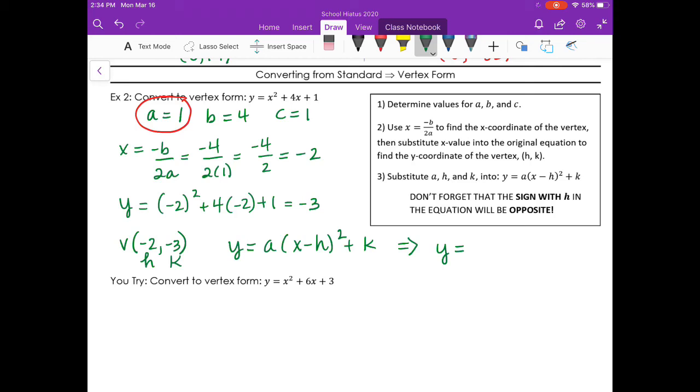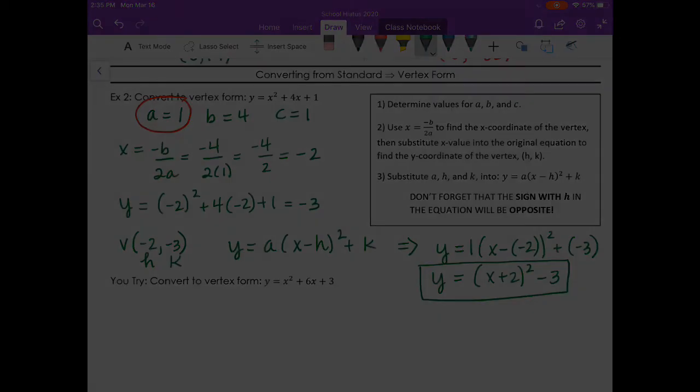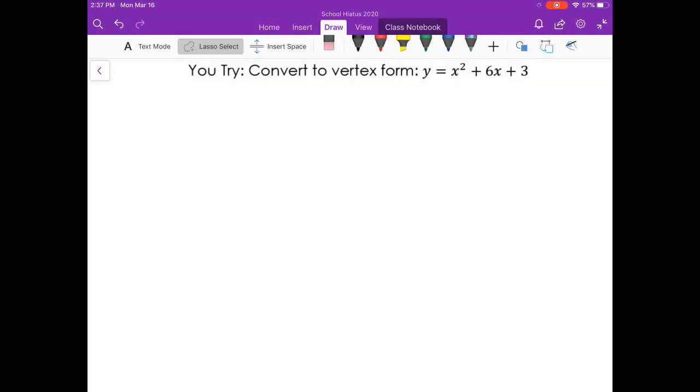Substituting these values gives me y equals 1 times (x minus negative 2) squared plus negative 3. Of course, we want to simplify this expression by eliminating double signs, and we also don't need the leading coefficient of 1. The final answer will be y equals (x plus 2) squared minus 3. Pause now and try this one on your own.